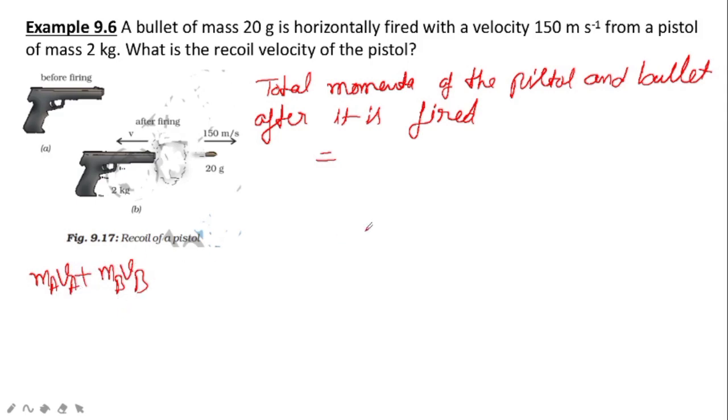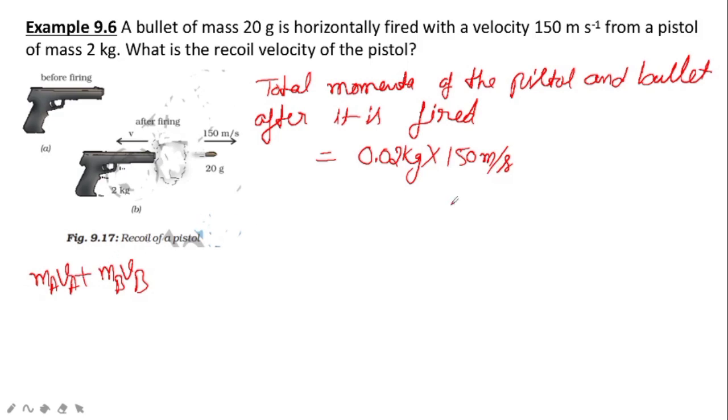Take MA as for the bullet. The mass of the bullet is 0.02 kg into its velocity after firing, which we know is 150 meter per second.